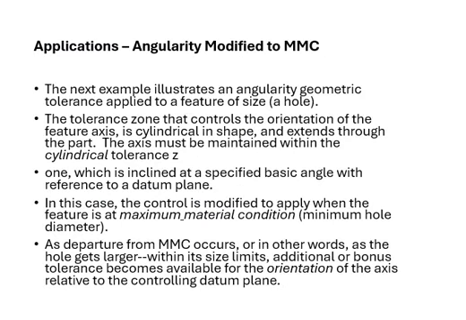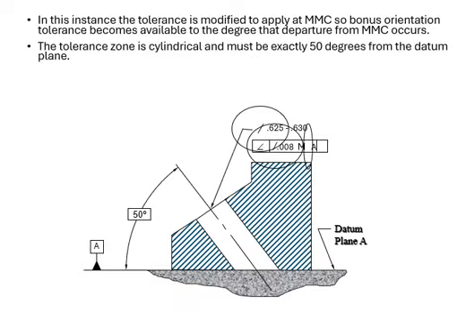Okay, in the next example, we're going to see the angularity geometric tolerance. We're going to apply that to the feature of size, which is your hole. So here is the hole right there, and we're going to apply our angularity to it. That's what we want to measure. So we do the same thing. I'll put a gauge right there, stick it into the surface, all the high points of it, so you will be able to see the datum plane right there.